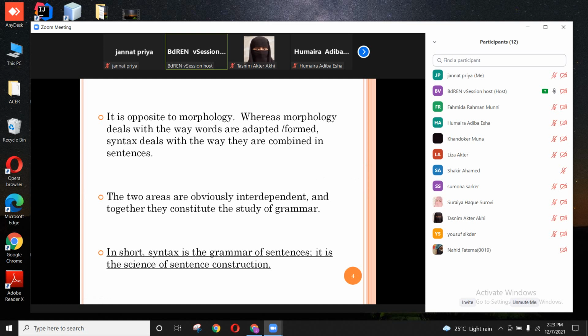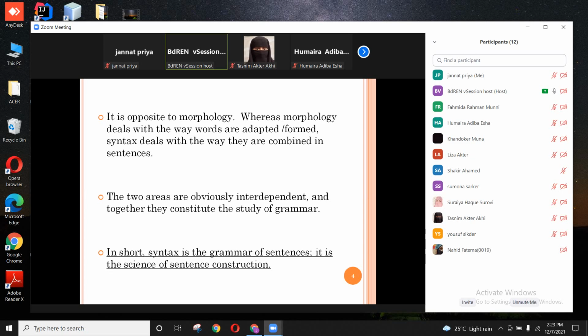So we can say syntax is opposite to morphology because their two areas are quite different. Morphology deals with the way words are adapted or formed. On the other hand, syntax deals with the way the words are combined in sentences.